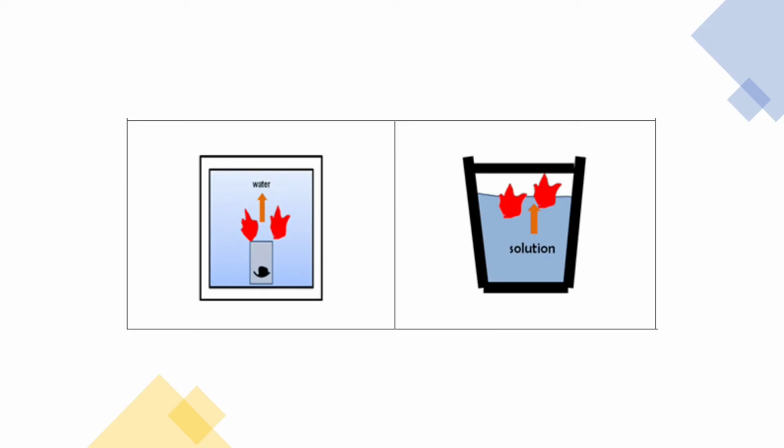Now in the second situation, whatever reaction happens and whatever heat is released by the reaction will be absorbed only by water or by the solution. Which means we neglect the absorption of heat by the calorimeter.